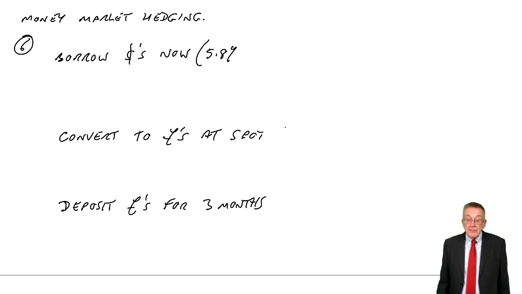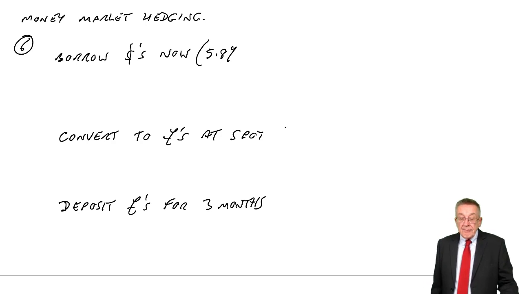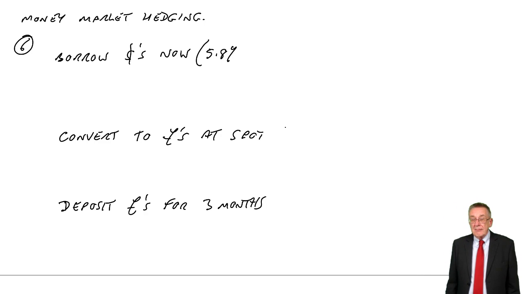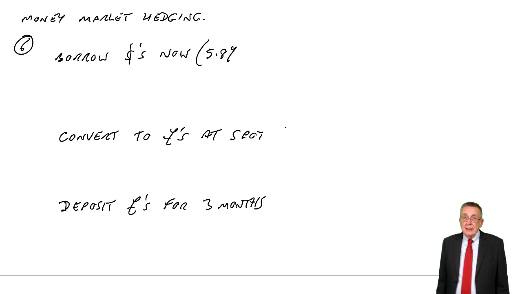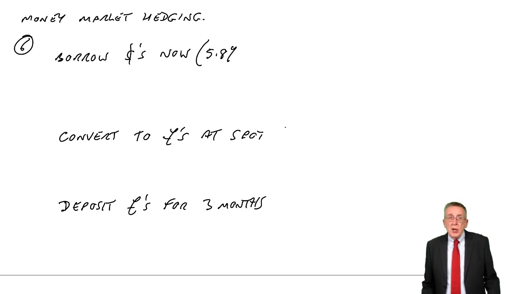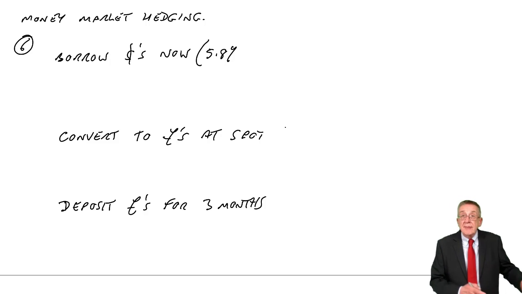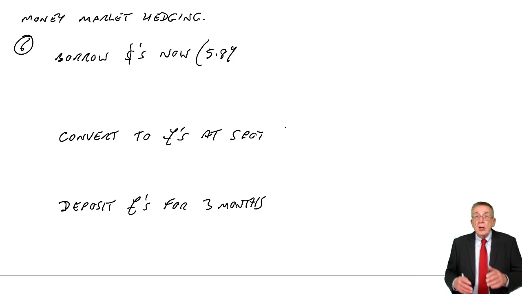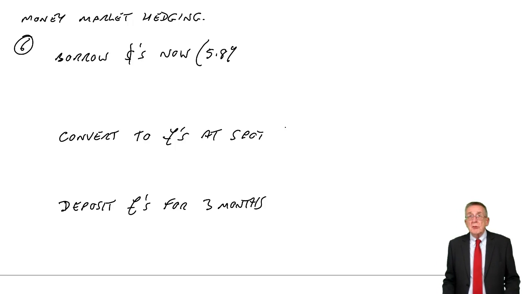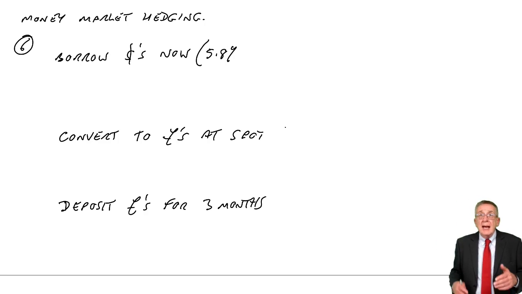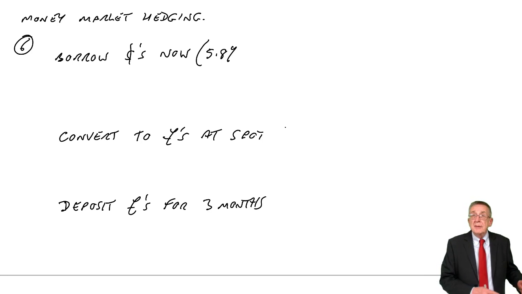However, one other thing, interest rates are always quoted as annual rates. In real life, if you look at your bank and see what rate of interest they're charging or giving, they'll always quote it as an annual rate, but the rate they quote will be different depending on how long you're borrowing or depositing for.